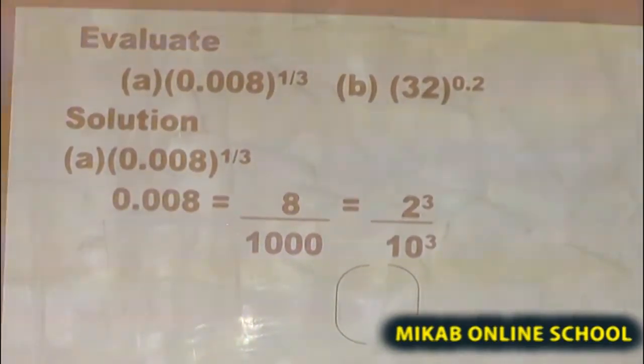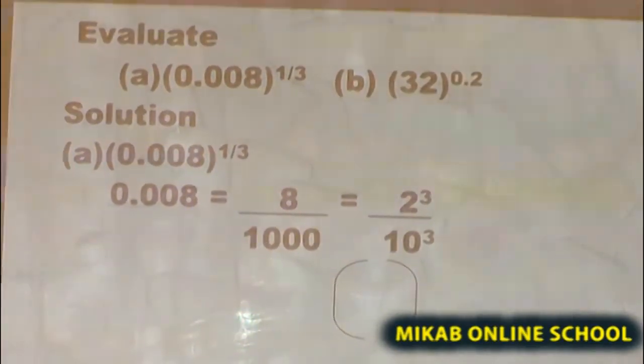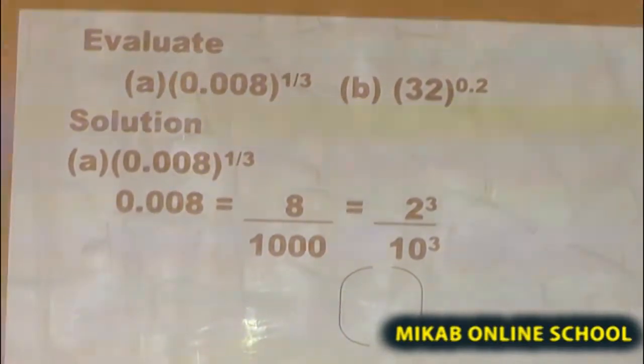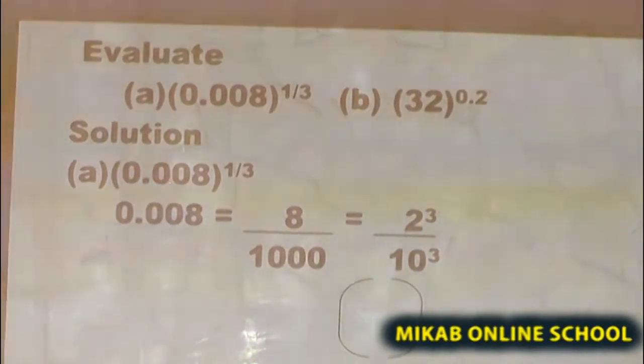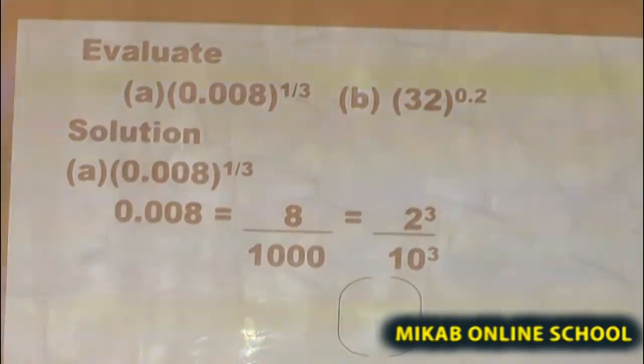The reason why it is 8 all over 1000 is because of the number of digits after point.